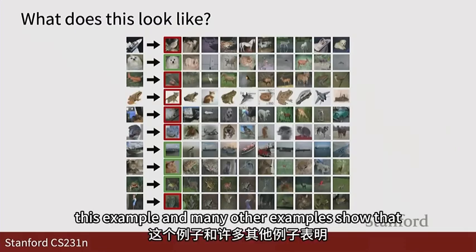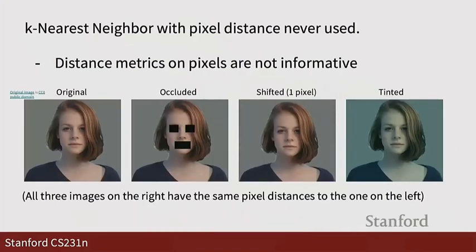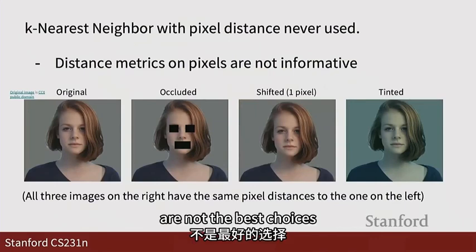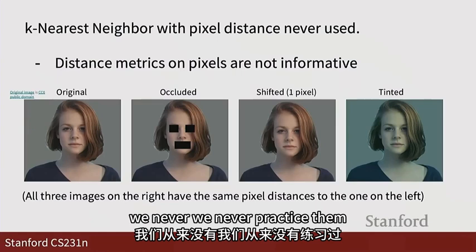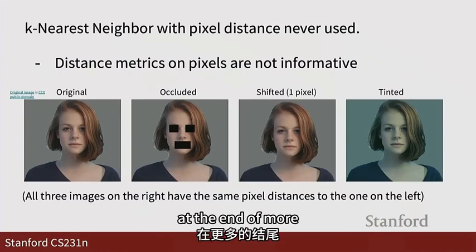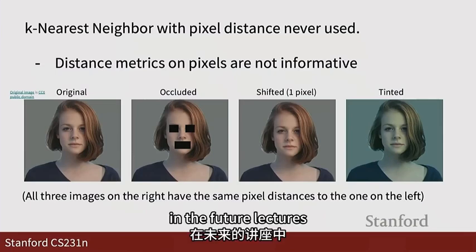This example and many other examples show that distances that work on pixels and pixel values are not the best choices. We never use them in practice. There are much better approaches that we'll be discussing in future lectures.